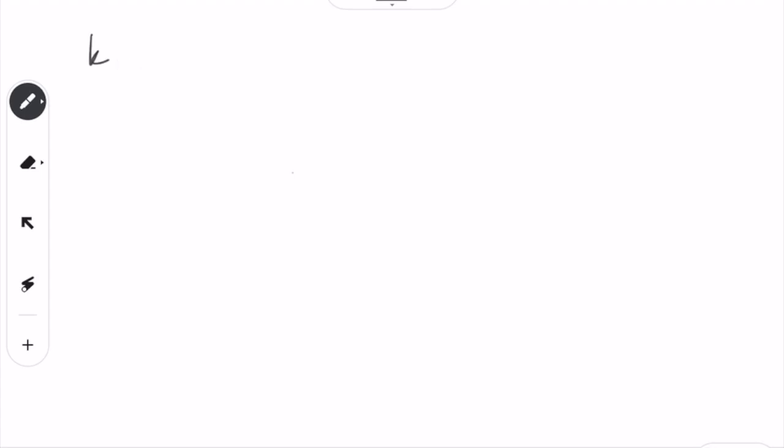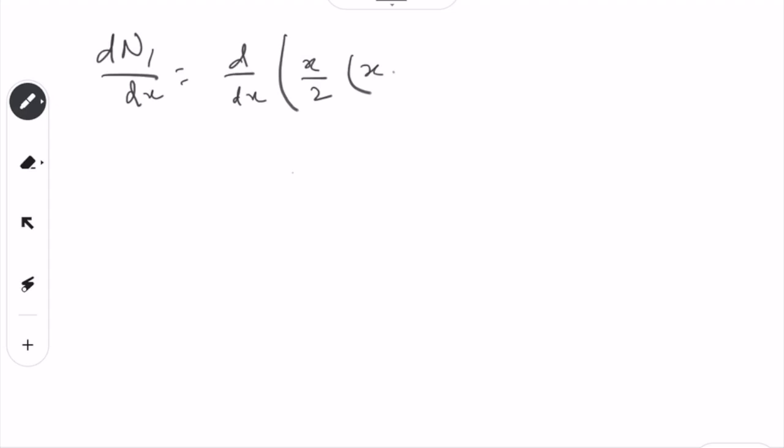Before that, it is a good idea to have dN1 over dx equal to d over dx of x over 2 times (x minus 1). When x equals -1, this becomes -1, and the -2 plus becomes like this. So what do you get?